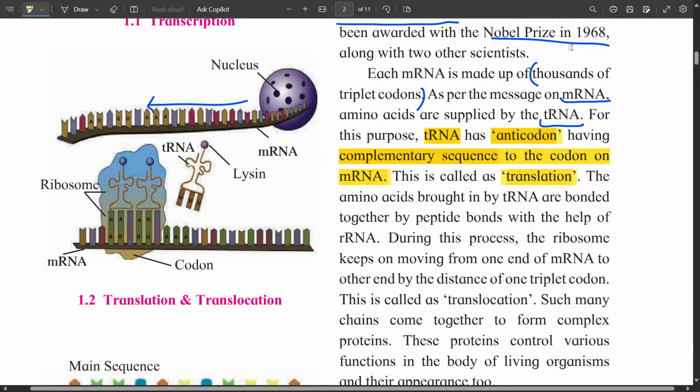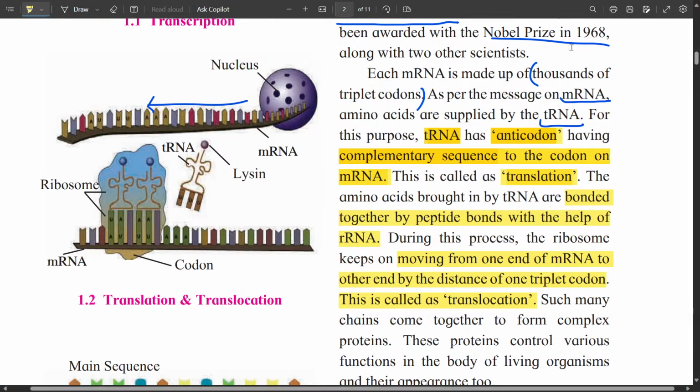Then these amino acids brought in by tRNA are bonded together by peptide bonds with the help of rRNA. During this process, rRNA moves from one end of mRNA to the other by the distance of one triplet codon each time, and this is known as translocation.